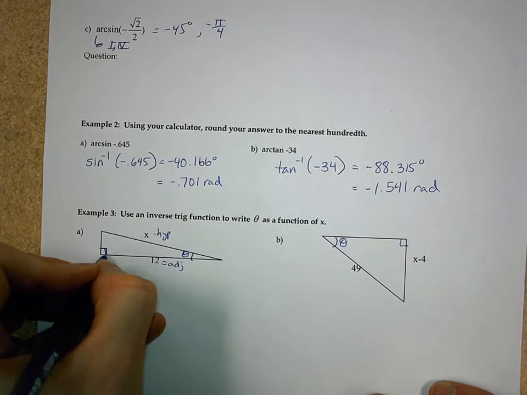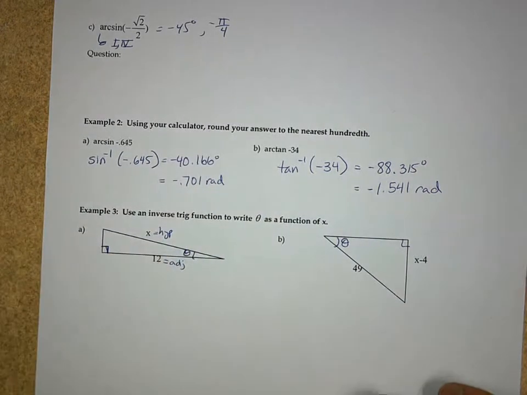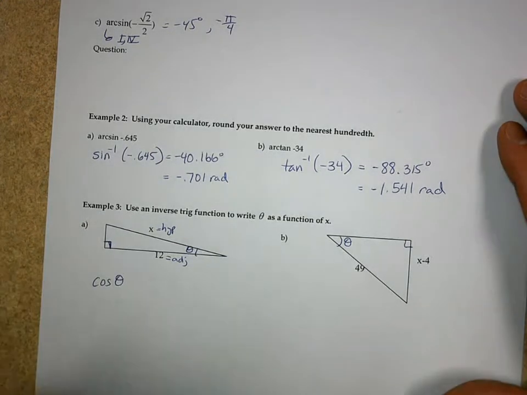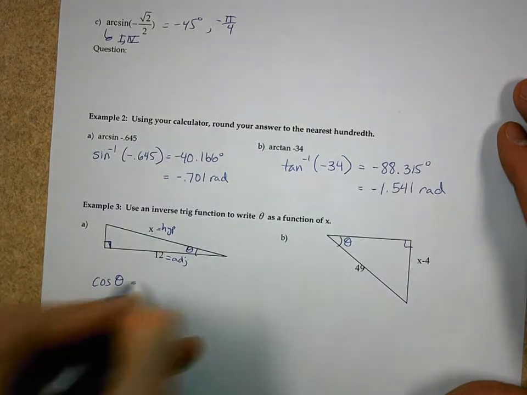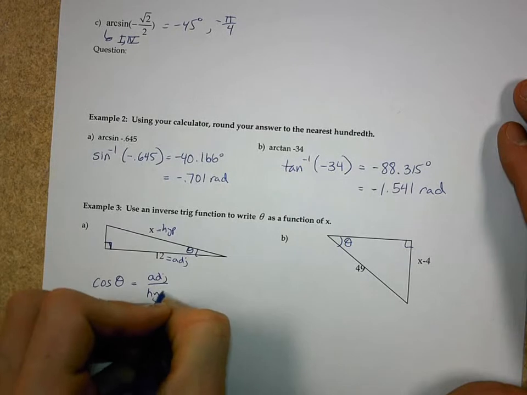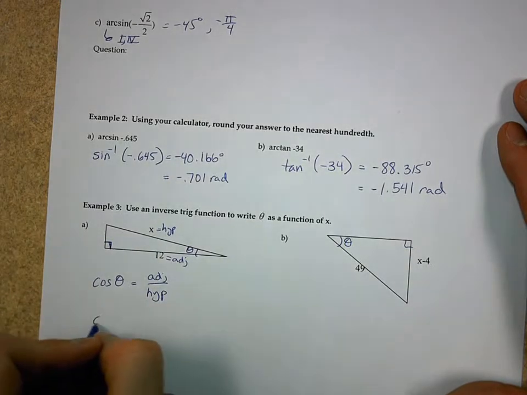Probably should draw on those right angles so you can see that that's the hypotenuse. So adjacent and hypotenuse. Since those are the two pieces I'm given, I'm looking at the cosine of theta. The cosine of theta is the adjacent over the hypotenuse.